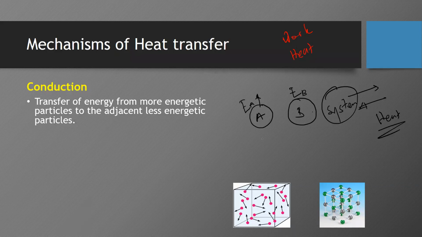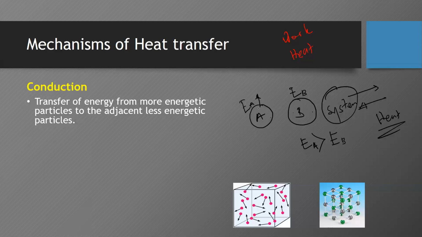When they are interacting, that means when they are touching, the energy will transfer from A to B. Let's assume EA is greater than EB, right?